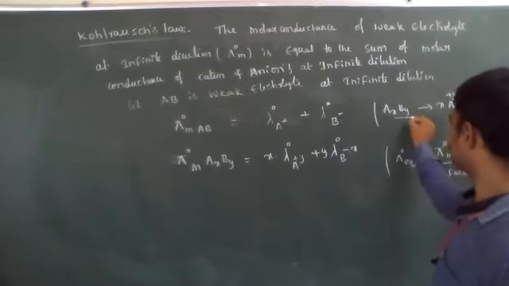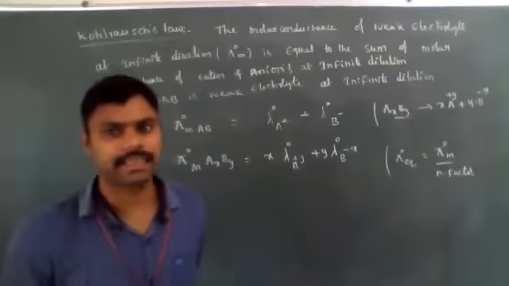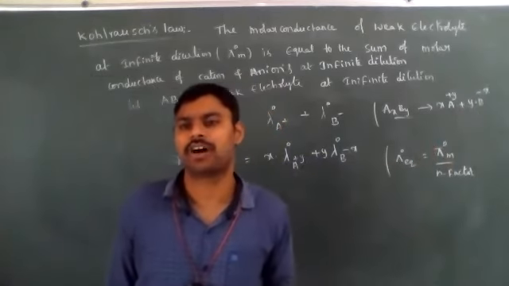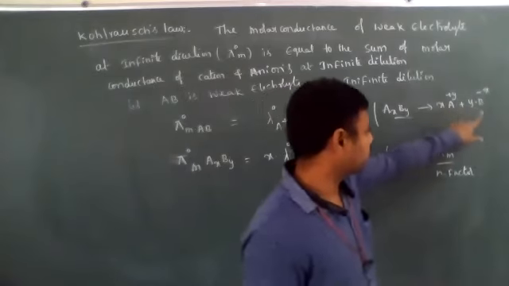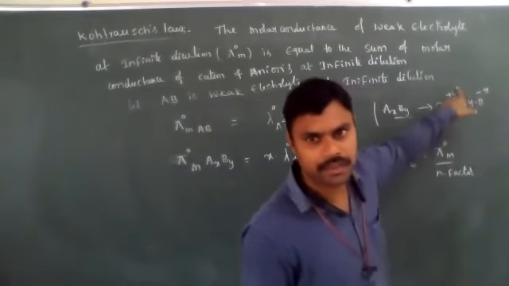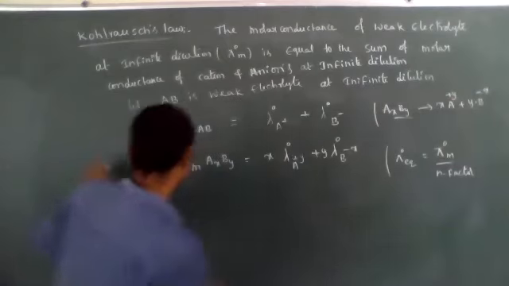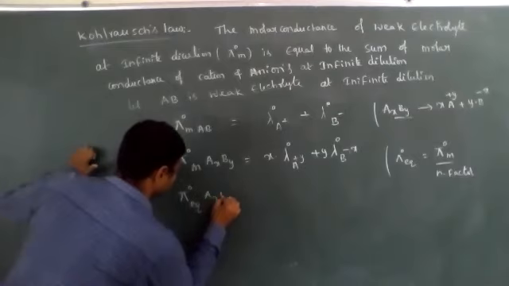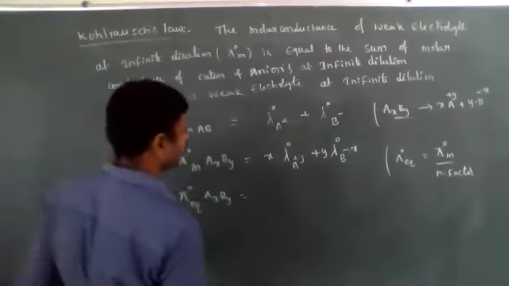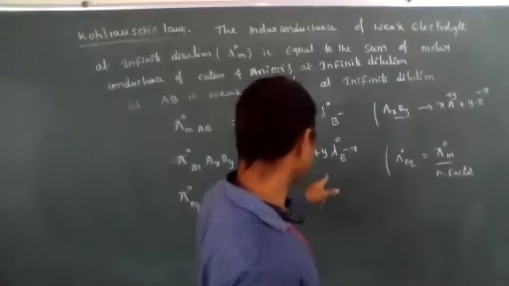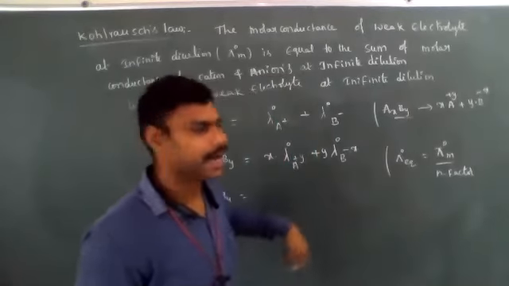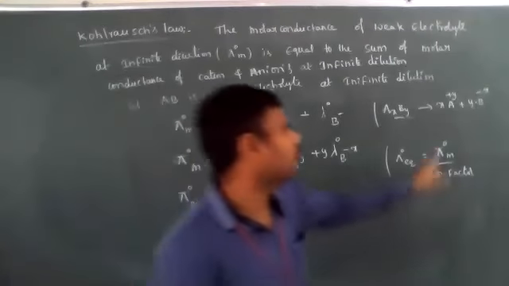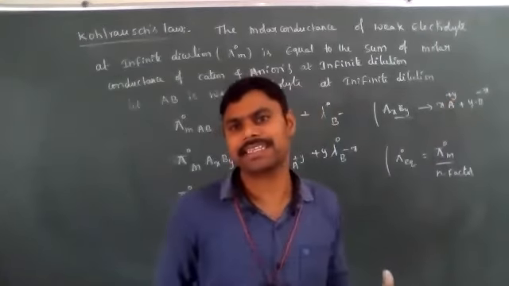For A x B y type of salt, the n factor is equal to the total magnitude of positive or negative charge, which is x into y. So the equivalent conductance of A x B y salt is obtained by dividing by xy.